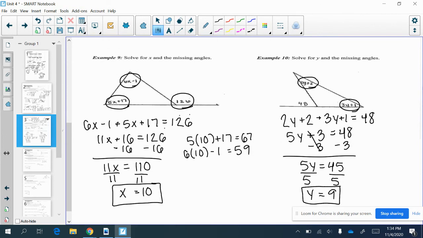I got y is equal to 9. And then if we plug our y value back in, we can find the missing angles. I got 20 degrees and 28 degrees there.